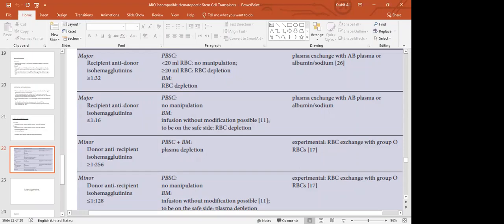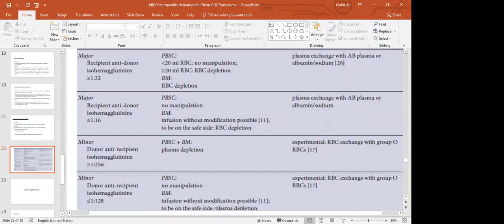In case of collection from marrow, RBC depletion needs to be done no matter what the RBC content is. Both of these are done by manipulation of the product, which is to be minimized, as it will also decrease the stem cell amount.